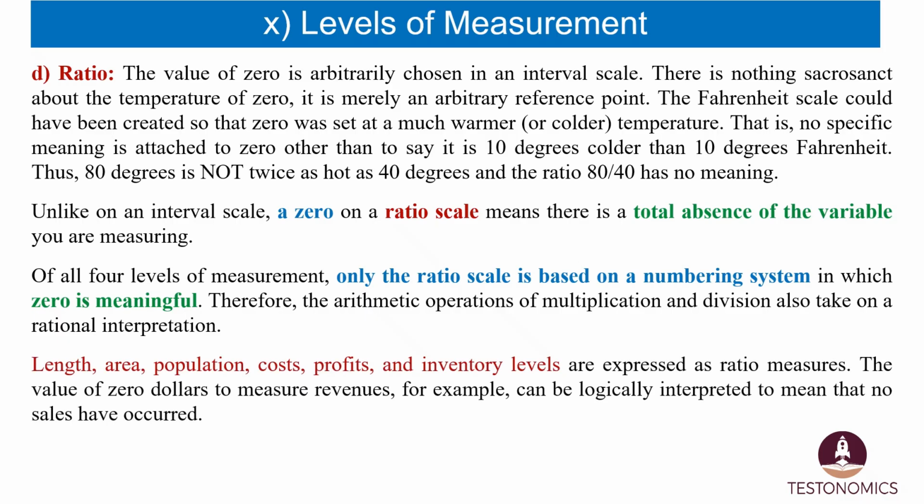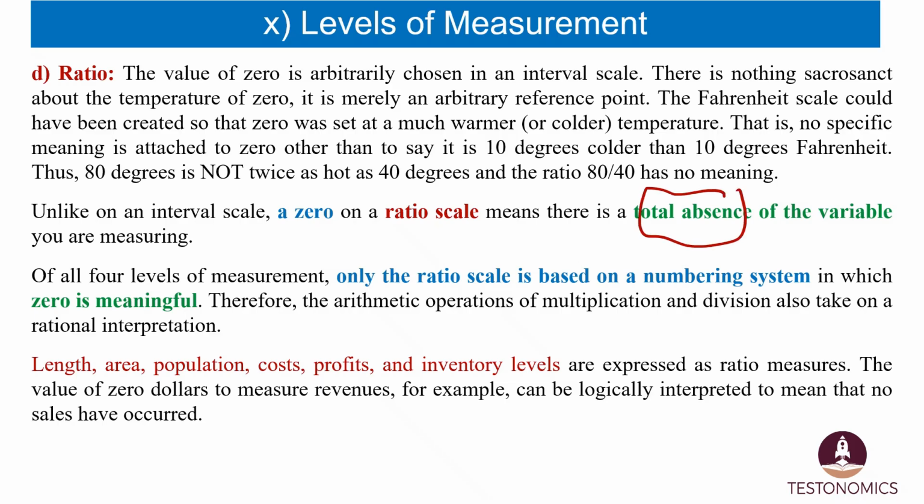For example, when you are measuring length, area, population, cost, profit, inventories, these are expressed as ratio measures because here even the differences are relevant, and even if you want to do some multiplication, that can be done. Also, 0 means complete absence of something.